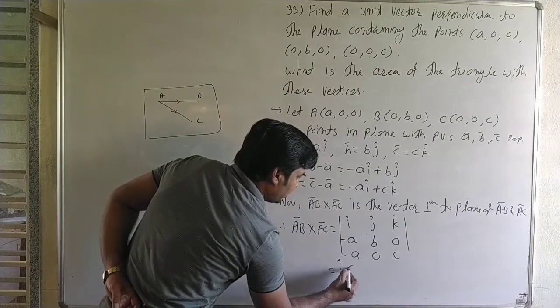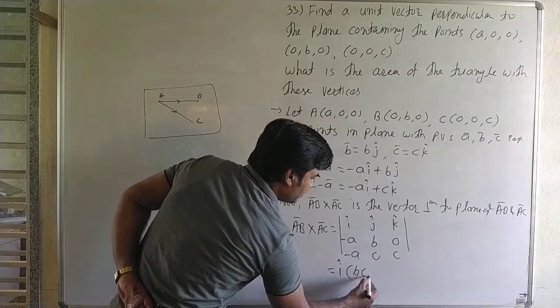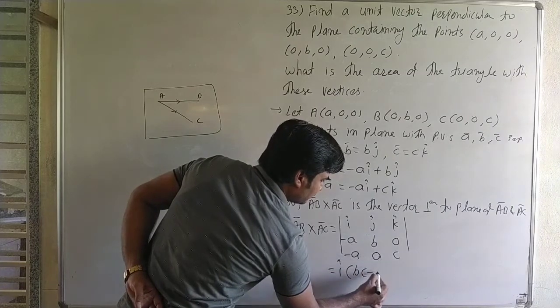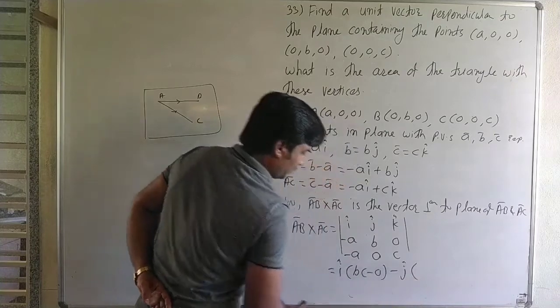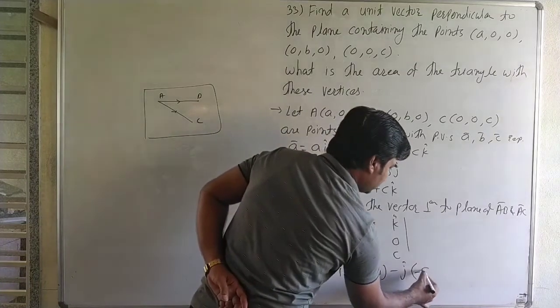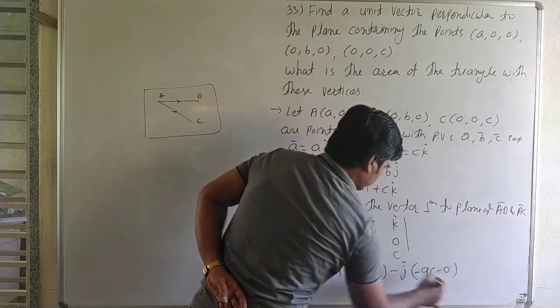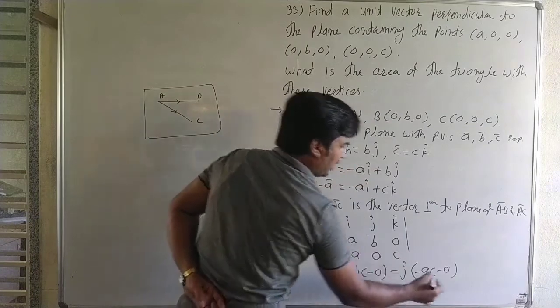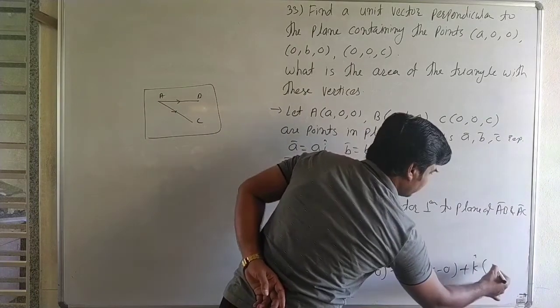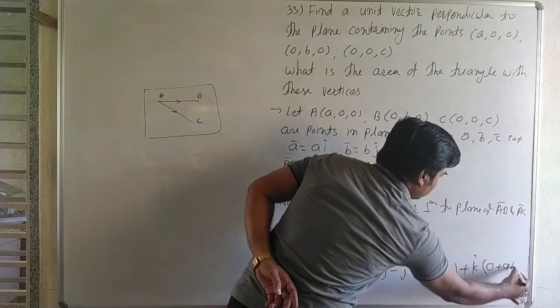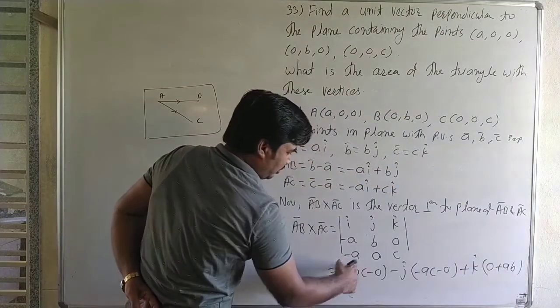It is i cap into BC minus 0. Minus j cap into, see carefully, minus AC minus 0, it is AC minus 0, and plus k cap into 0 plus AB, it is 0 plus AB.